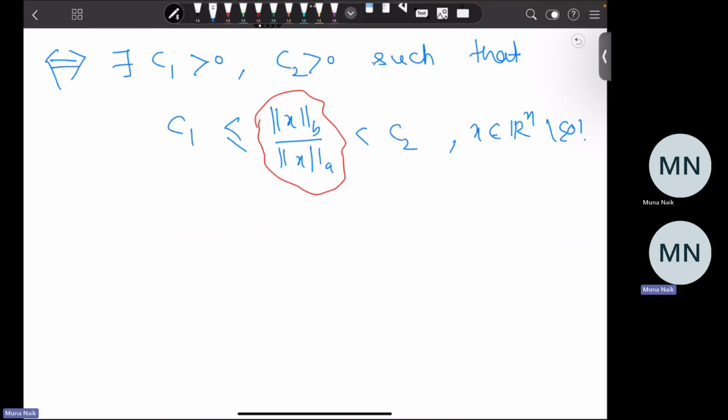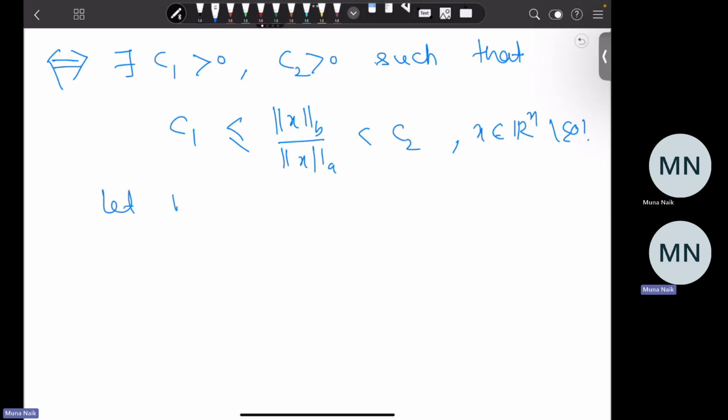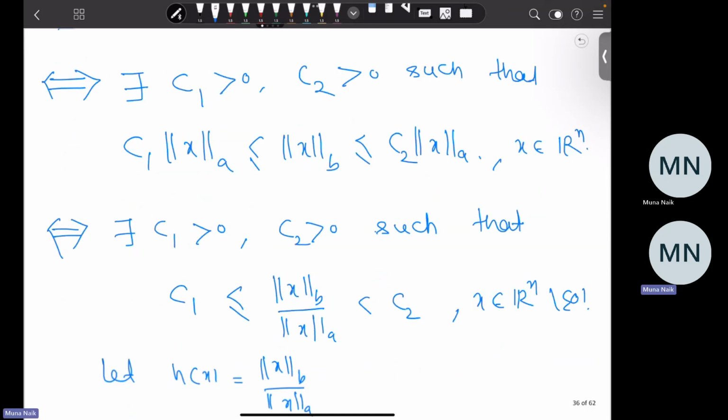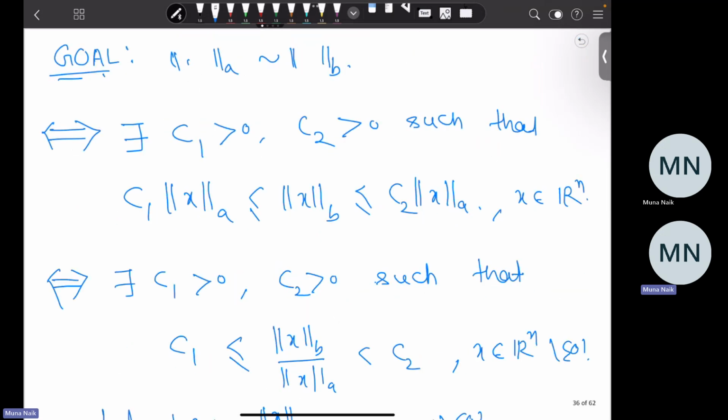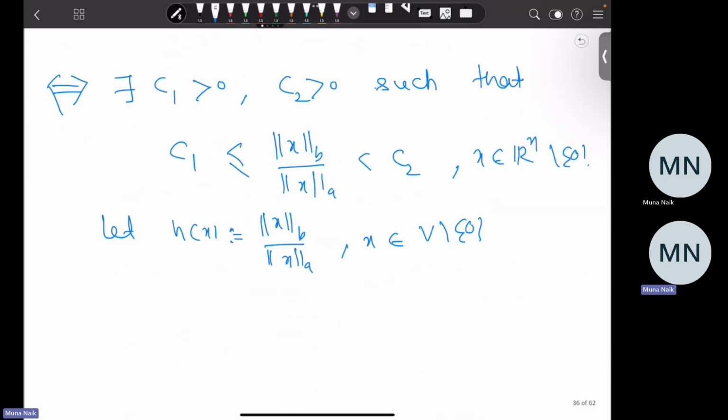So let h(x) be equal to norm x_B by norm x_A. To show that norm A is equivalent to norm B, you should show that this function h(x) has an upper bound and a lower bound on Rn minus 0.